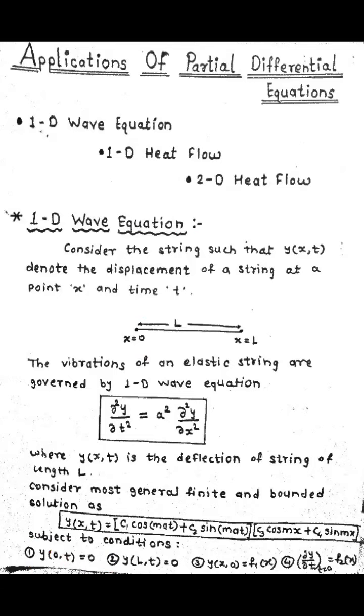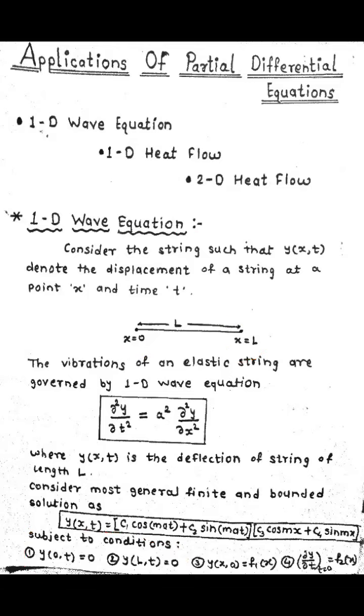Second condition is y(L,t) = 0. Here x is equal to L, that is at the second end of the string, the deflection is again 0. So these first two conditions are at the ends of the string. So these conditions are called boundary conditions.